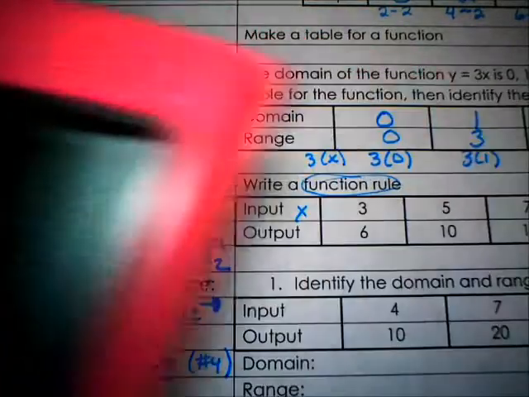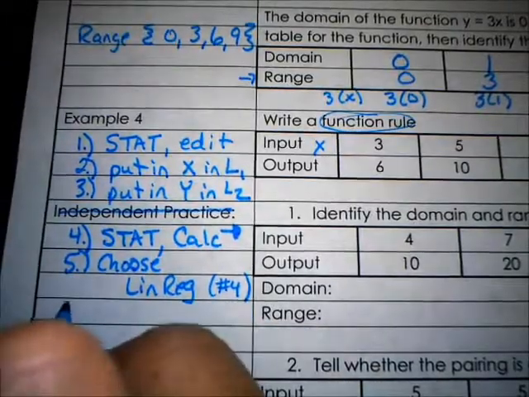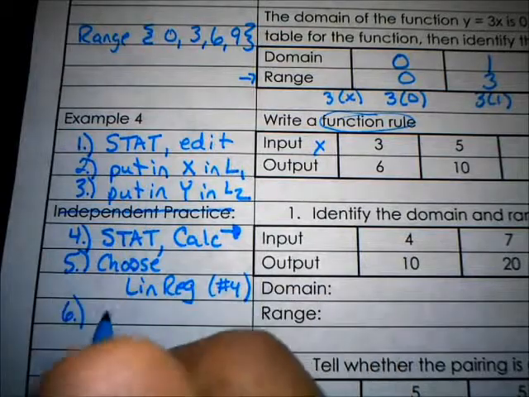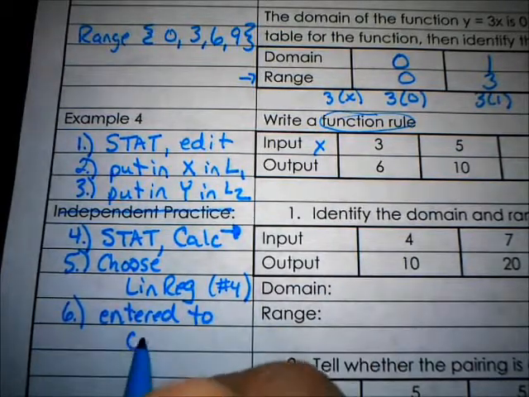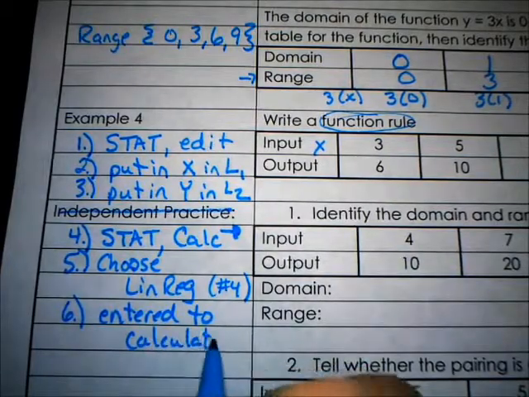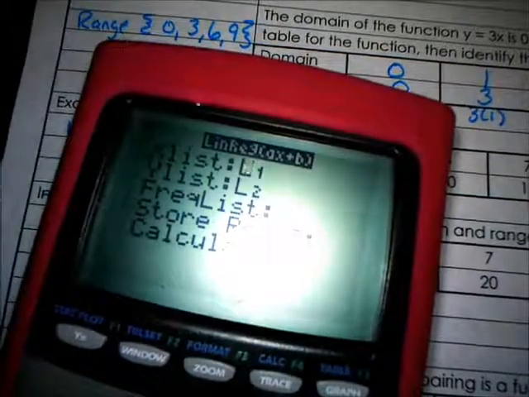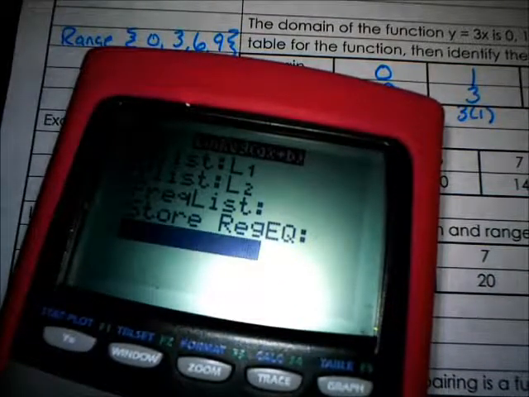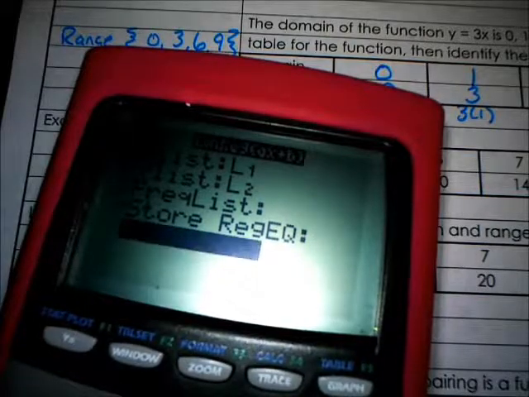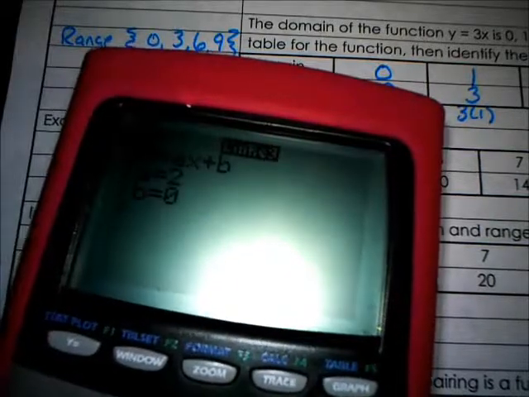Okay, so what I want to do, the last step, is I'm going to enter all the way to the word calculate. So if I'm looking at this screen, I'm going to enter, notice it moved down, and enter, and enter, and enter, and then I'm sitting on the word calculate. I'm going to enter one more time, and it gives me this.